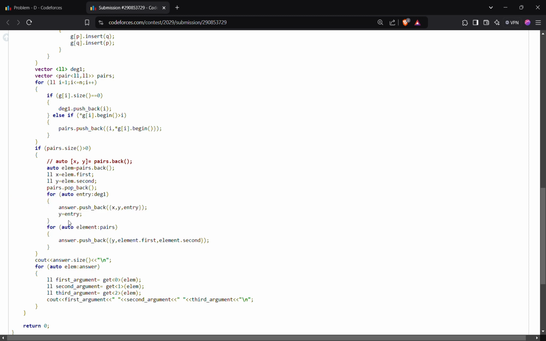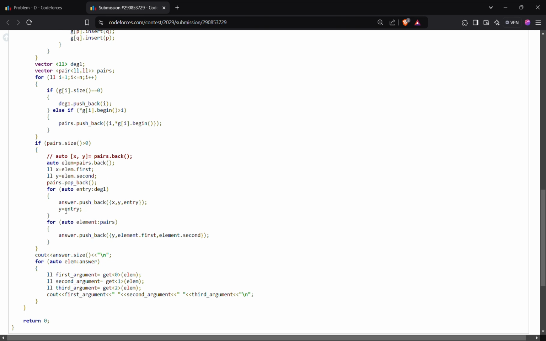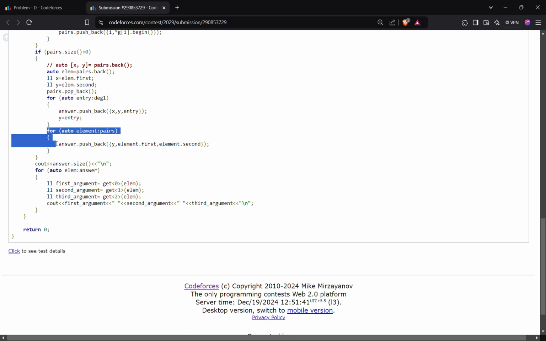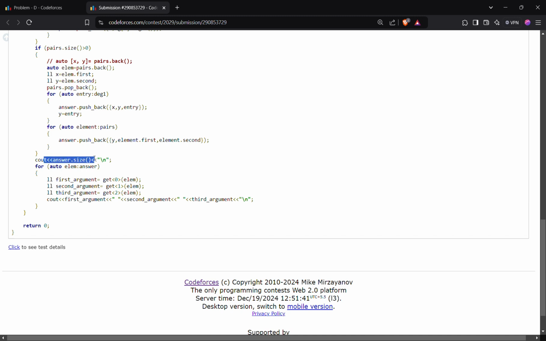For every vertex having degree 1, we will push back x comma y comma entry, and we will swap y with that entry. Then finally pushing the remaining pairs and the y itself. Finally outputting the answer dot size. And this is the syntax to get the arguments of the tuple, meaning the first, second and third element, and finally outputting them.